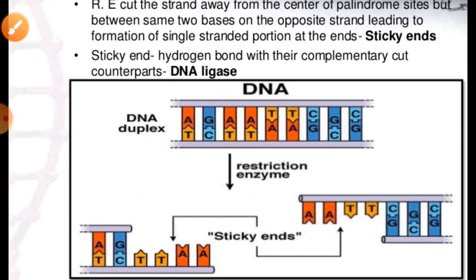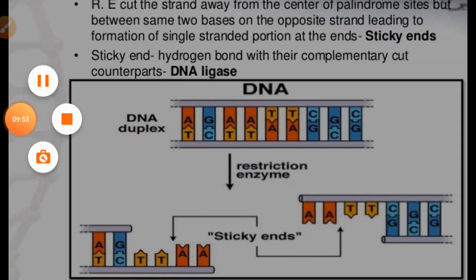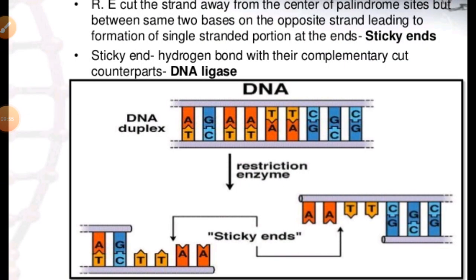After that, the other thing is how these restriction enzymes show their action in that particular condition. For that we have to know the mechanism of action of the restriction enzyme.